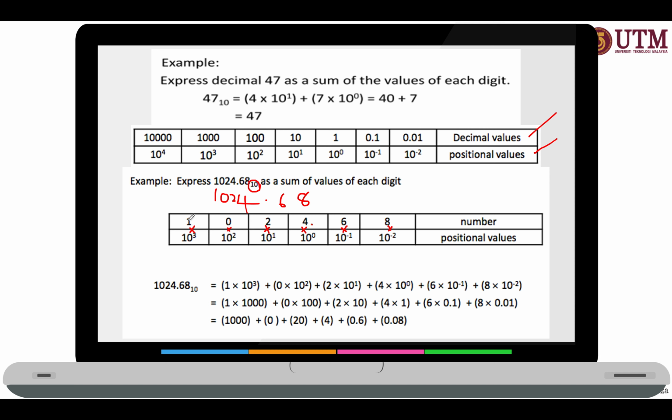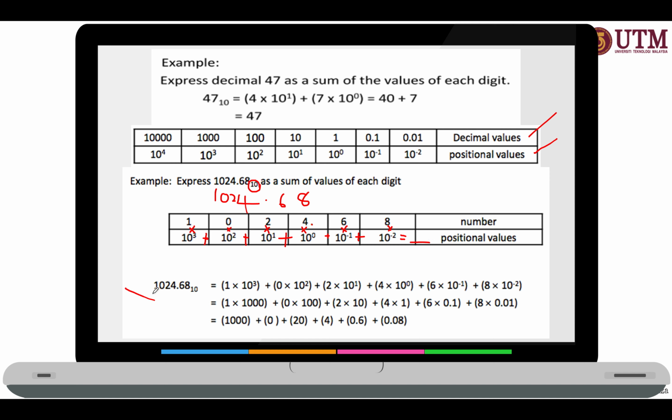So you multiply 1 by 10 to the power of 3, and then to this result you add 0 multiplied by 10 to the power of 2, you add 2 multiplied by 10 to the power of 1, add, and over here you add, and you will get the value.